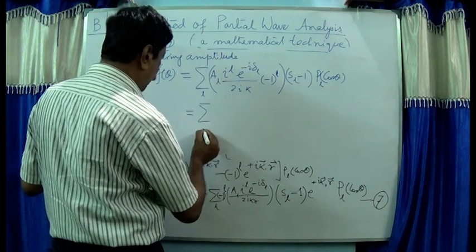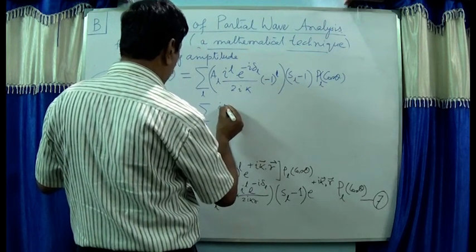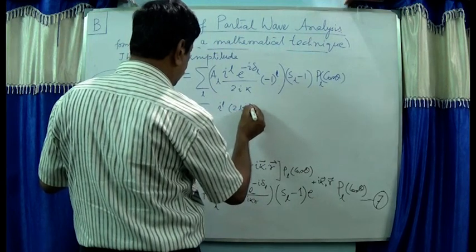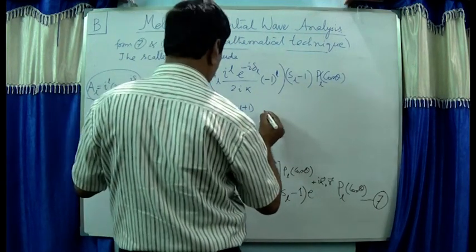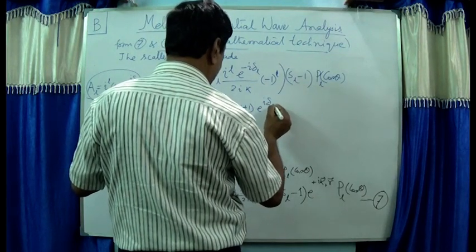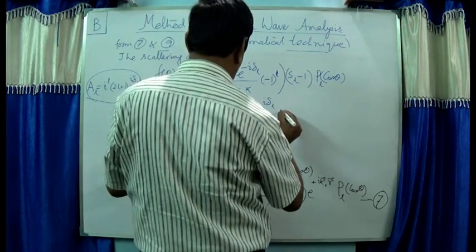We get i to the power L, 2L plus 1, e to the power i delta_L.